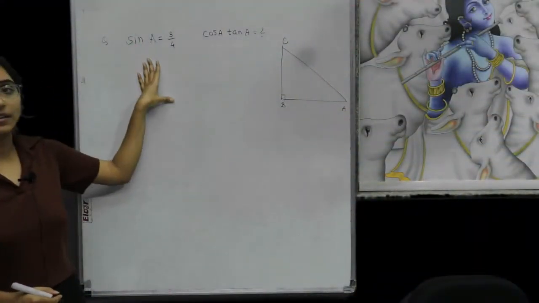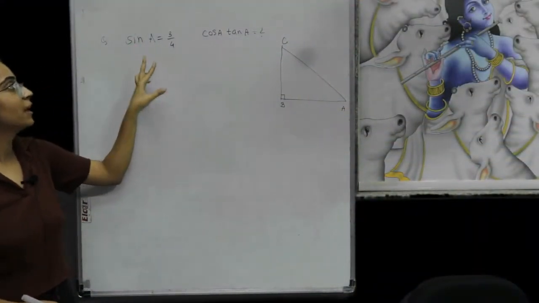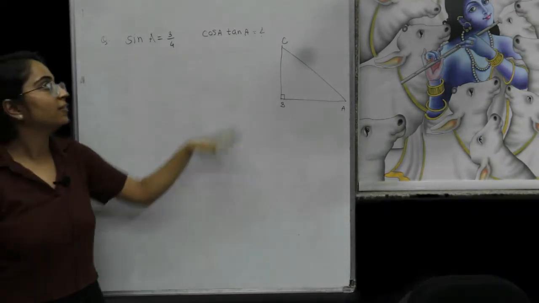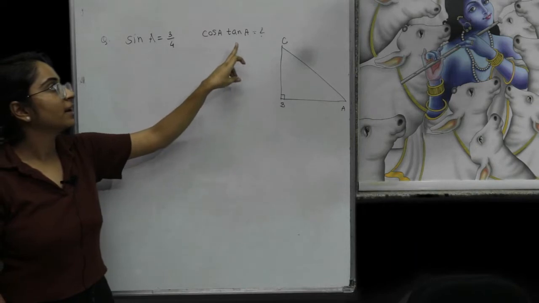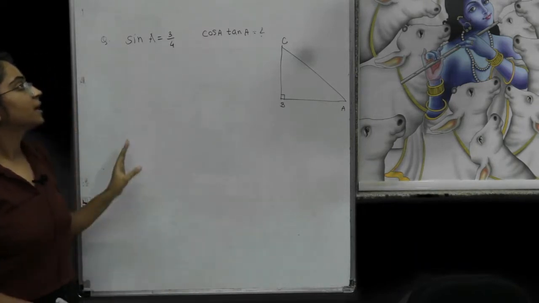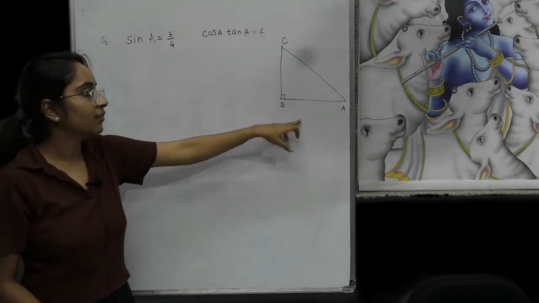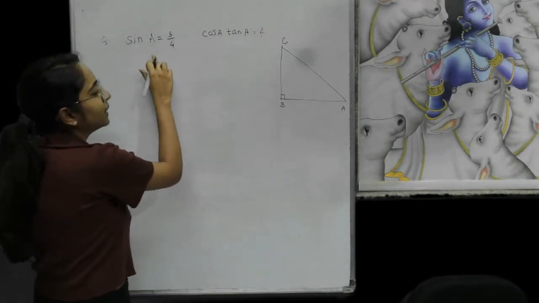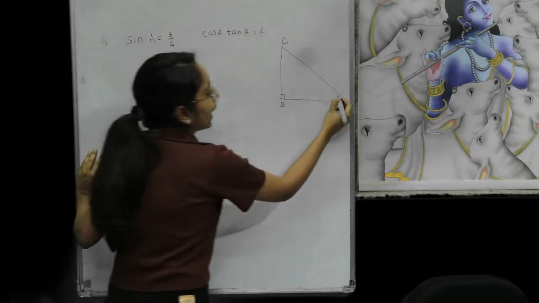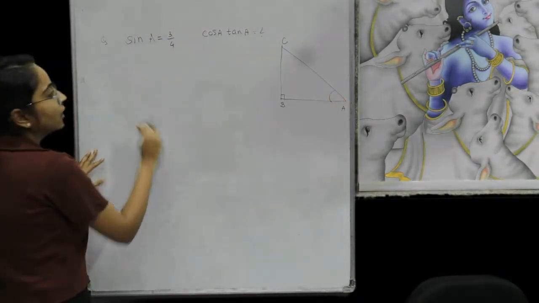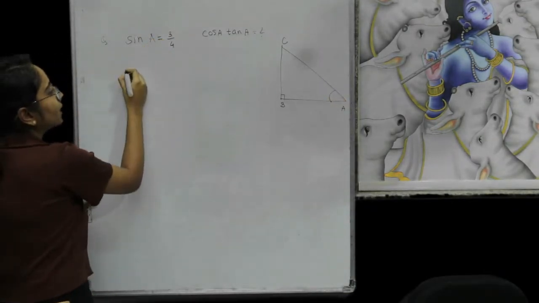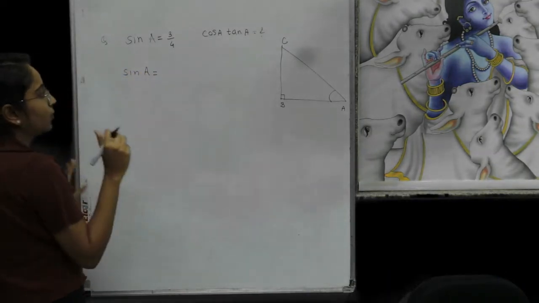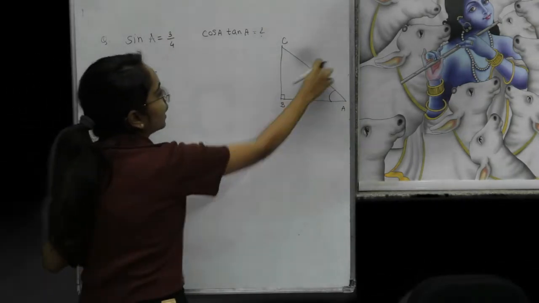Hi, so this is the next question which we are going to solve. Here we are given the value of sin A is equivalent to 3/4, and we have to find the value of cos A into tan A. So here we will consider a right angle triangle, which is right angle at B, and as we have been given a value of sin A, the angle is at A. So now, as we know the value of sin A from the trigonometric ratios, the formula is opposite upon hypotenuse.